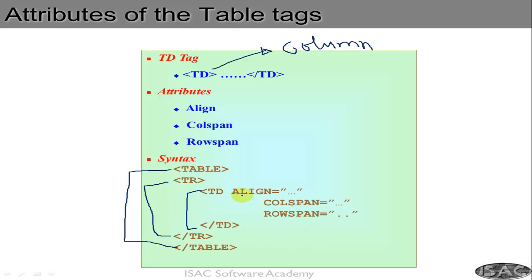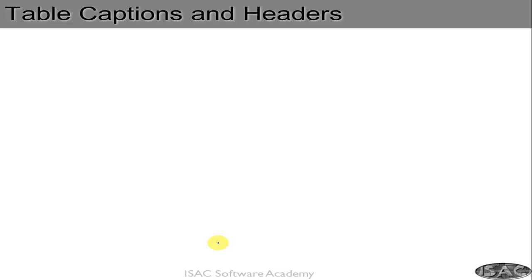So I can put this group 3 times. Then inside this row I will create 3 columns. Now if I want another row, where will I put it? Here. Another row. I put the same TR here, then it will create another row. So depending on how you want to structure the data, you can create rows and columns.